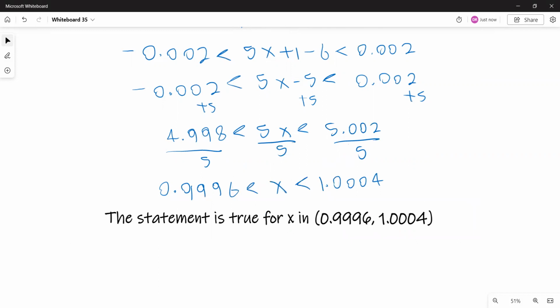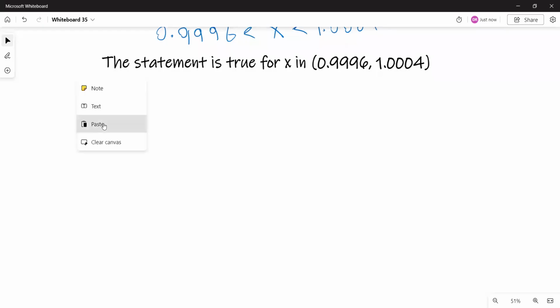And last example, that's another absolute value inequality. That's number 78, same page.